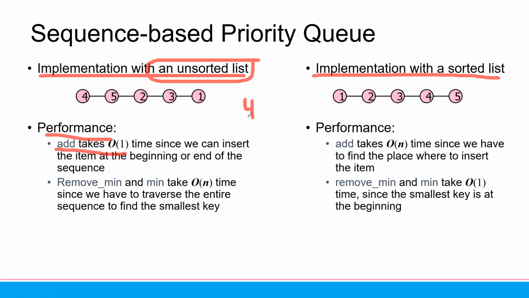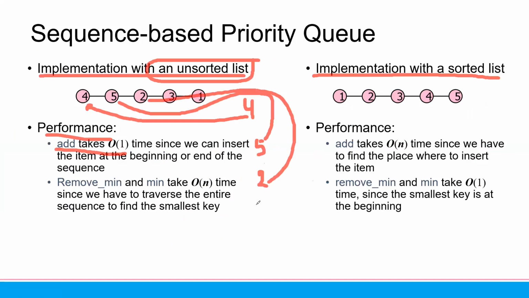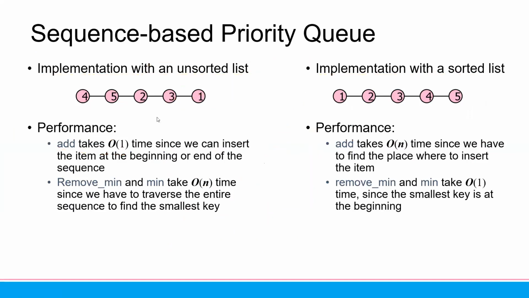Okay, I add 4. And then I have the key 5, I put 5. Then I have 2, I put 2. I have 3, and then 1, I put on the last element. So it is similar to a common queue. Whenever I want to add, it will be O(1) because I just put the element at the end.